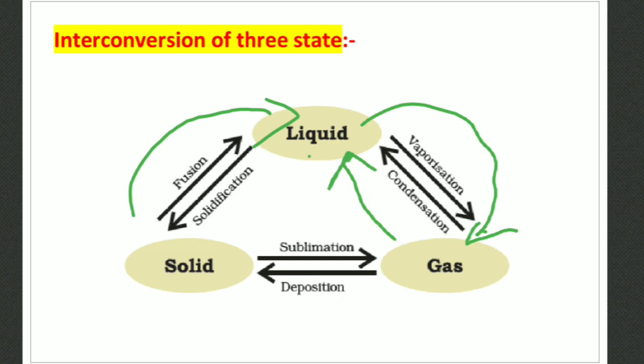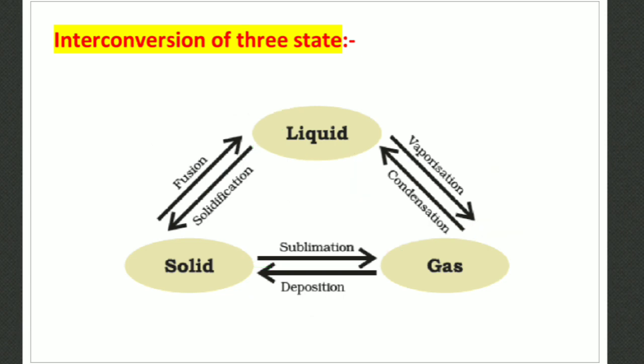When liquid converts into solid, it is called solidification. When solid converts into gas, it is called sublimation, and when gas converts into solid, this is called deposition. Okay, so this is a simple figure. If you want, you can remember this and you will get the different definitions from your book.